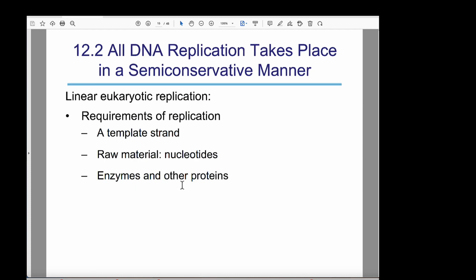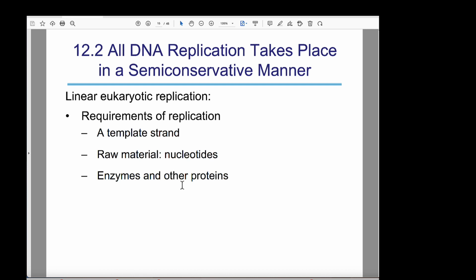All right, so we've talked about the different models of replication, but be clear that replication occurs in a semi-conservative manner. Specifically, now we're talking about linear eukaryotic replication, and there are some requirements for replication to occur. One, there has to be a template strand. That is the strand that is used as a template to make daughter or new DNA.